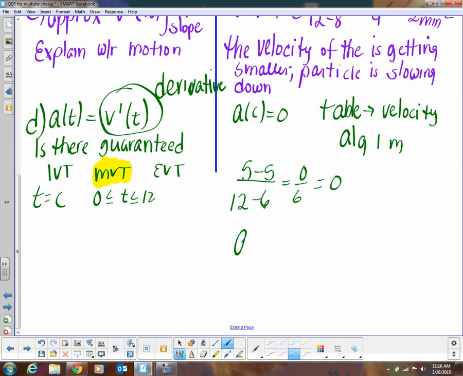This means that A of c is equal to 0 on the interval, and I'm going to do the interval 6 to 12, or how else could you write this? Where c is greater than or equal to, and I actually would probably do greater than 6 and less than 12, okay? Because those were our time values. And A of c equals 0 on the time interval.